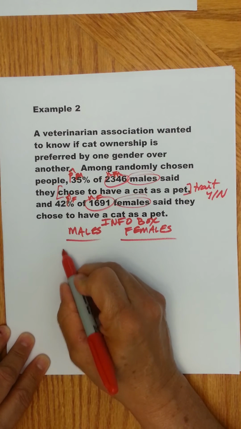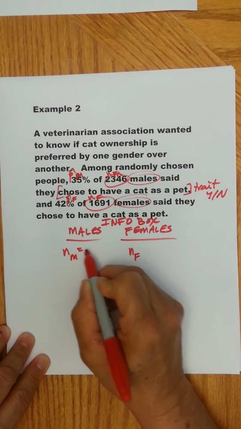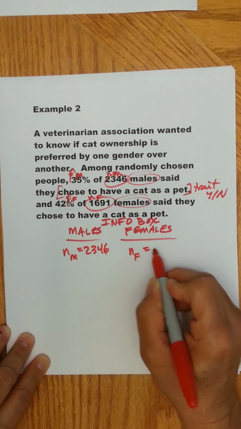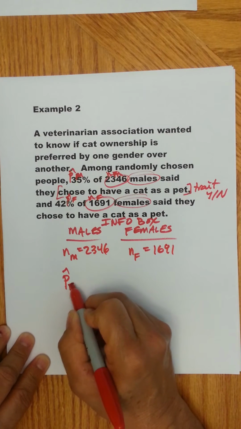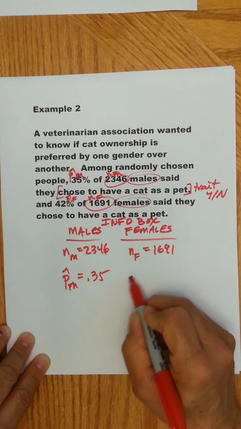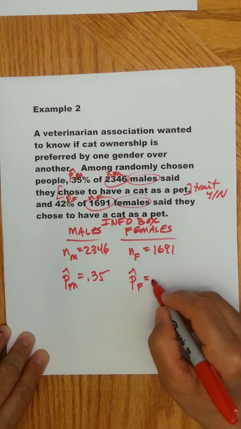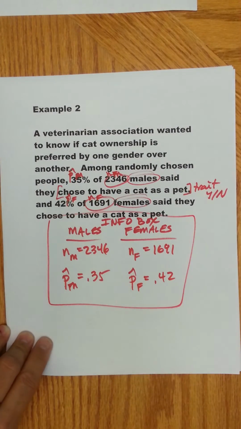So what we have then is sample size for the males, sample size for the females. That's going to be 2346 here for the males and 1691 for the females. The sample proportion for males who have cats is 35%. The sample proportion for females who have cats is 42%. So that's my info box.